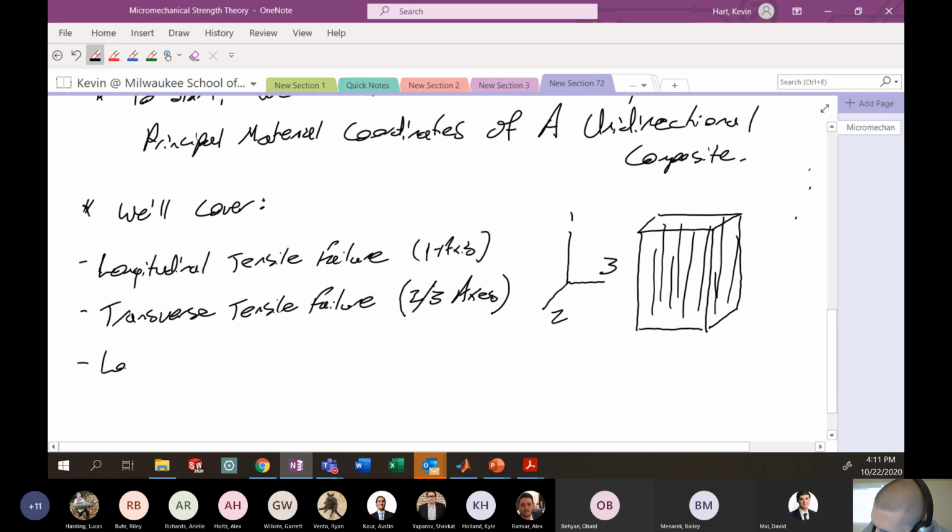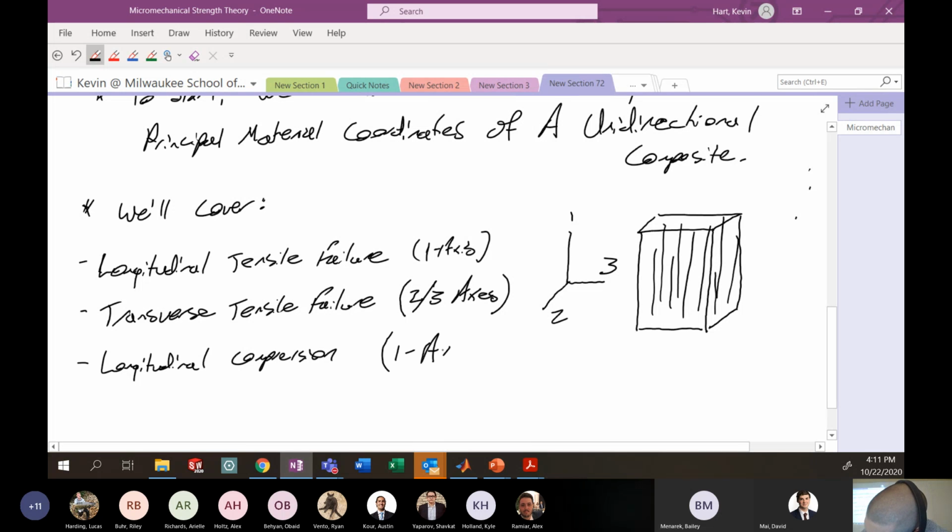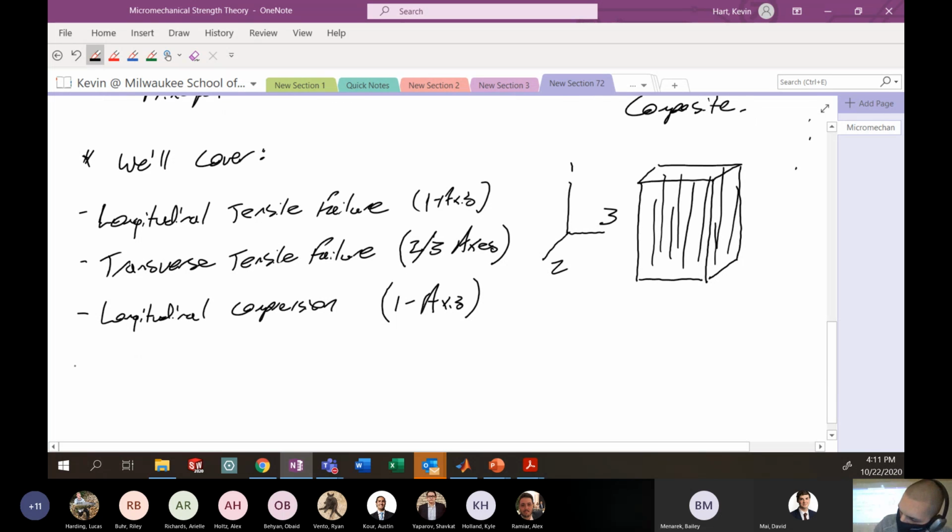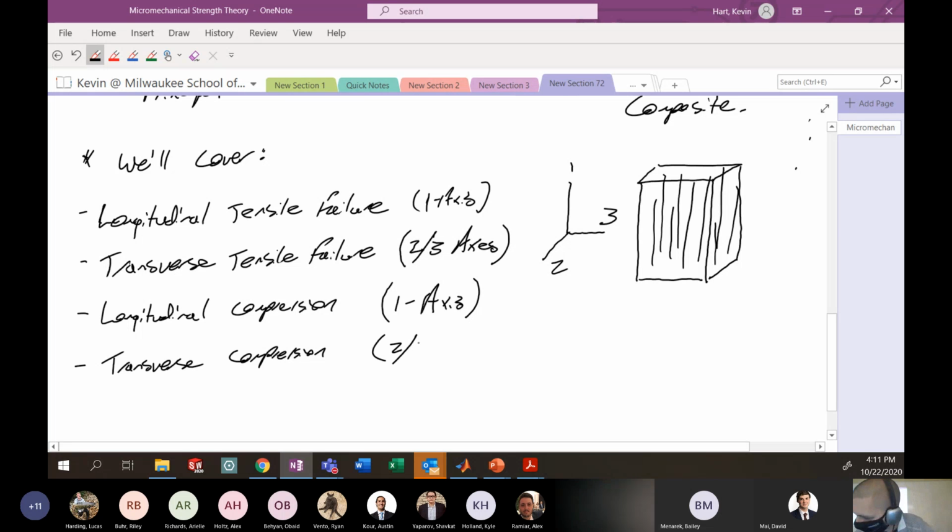Longitudinal compression. So that would be, again, the one axis, but here in compression. We'll cover transverse compression, which is, again, the 2-3 axis.